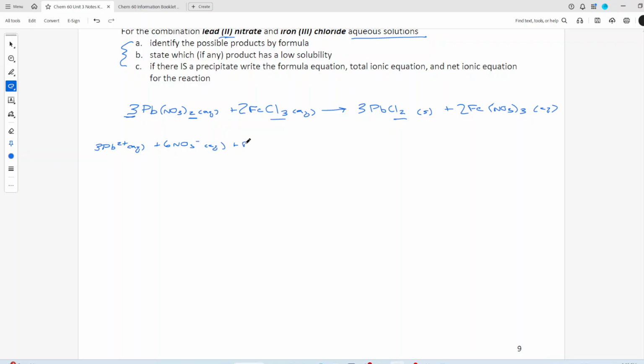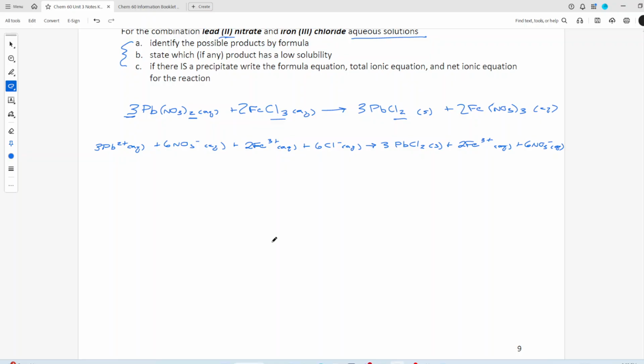Then the iron, you have 2 iron 3+ aqueous plus 6 chloride aqueous forms 3 PbCl2, because you can't break up a solid into its ions. And then you have 2 iron 3+ aqueous plus 6 nitrate minus aqueous. So that's my total ionic equation.